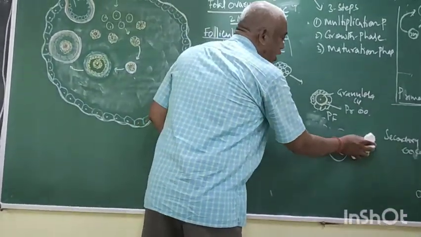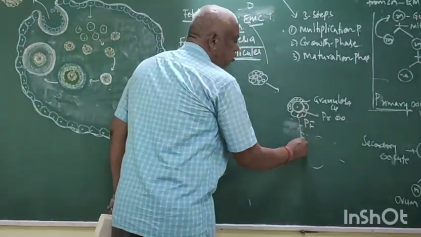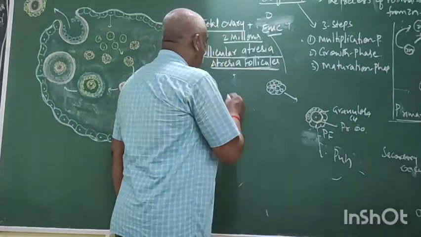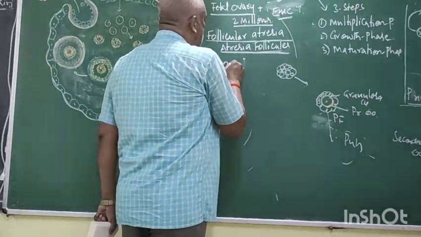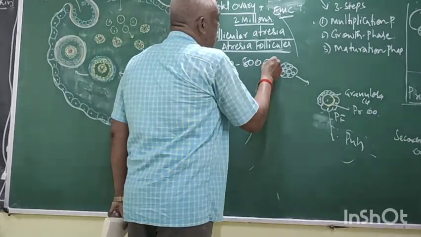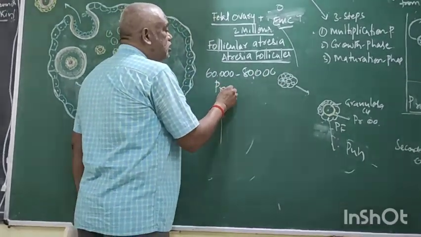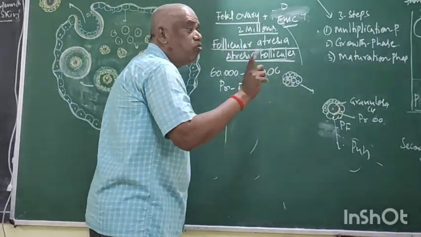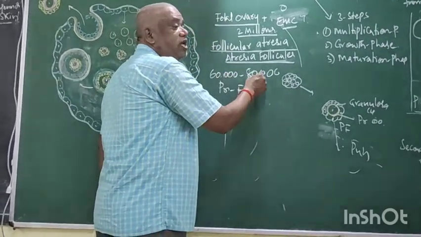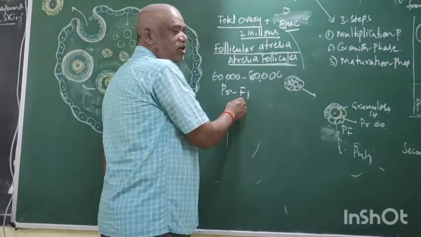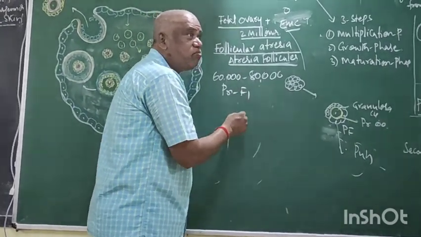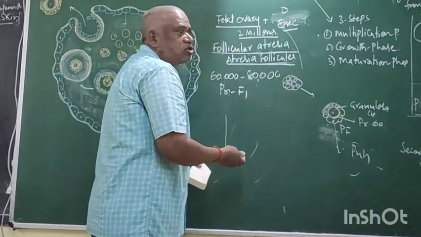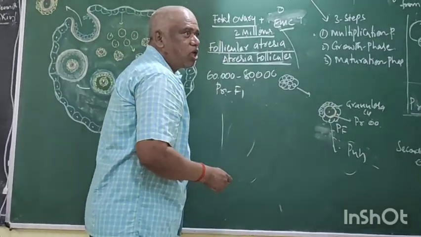Right. When the female reaches puberty, 60,000 to 80,000 primary follicles may be there; a single ovary contains 60 to 80,000 follicles. But the newborn baby contains more than this, maybe 1 lakh.